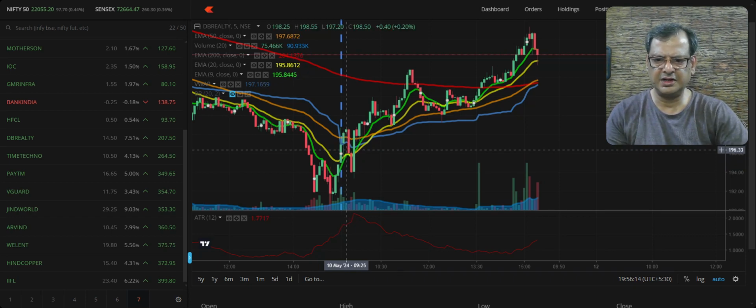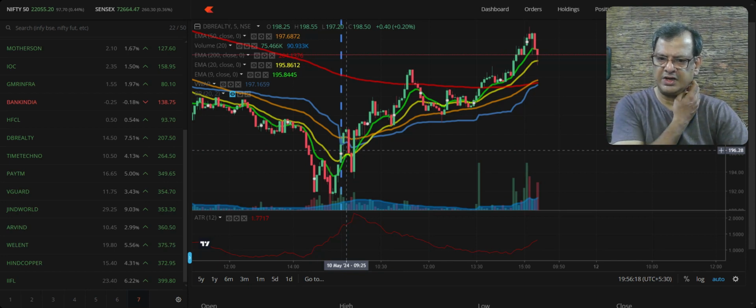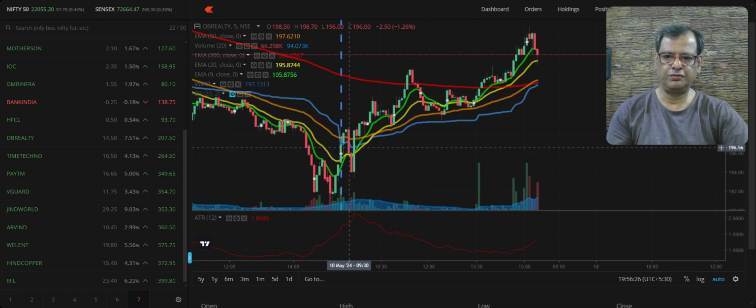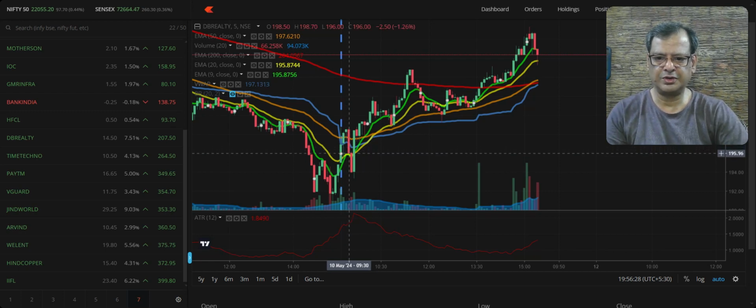Now, if you see here, this candle size is quite small compared to the earlier candle. It's also a gap, and also the volume bar is lower than that. And as a consequence, if you had taken a long above the high of this candle, you would have been immediately taken out.